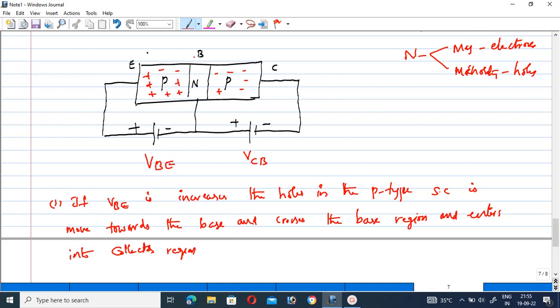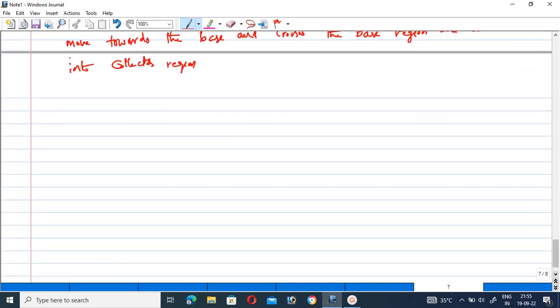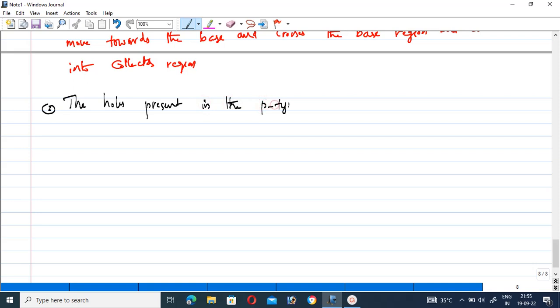Now holes are the majority charge carriers in the collector region also. So one more point, second point: the holes present in the P-type collector are attracted by the negative terminal of the battery.